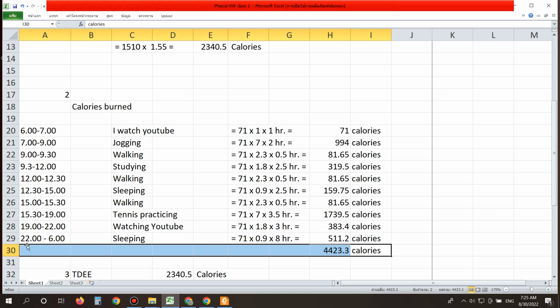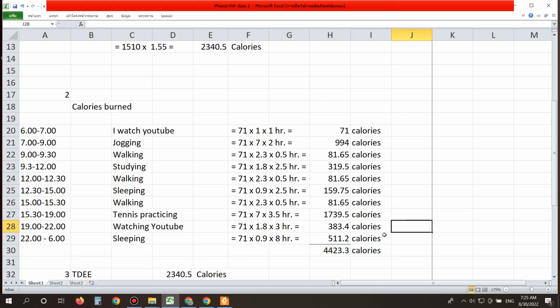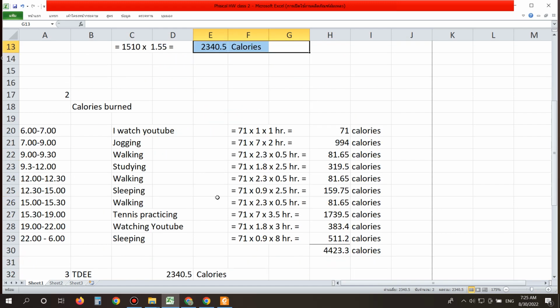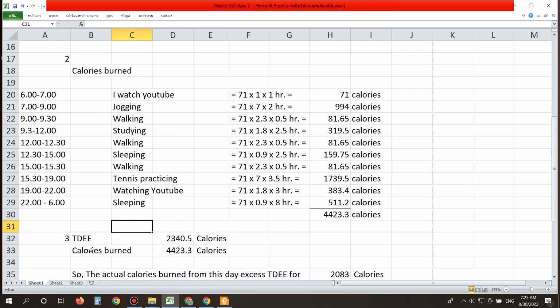After you finish this one, then you have to compare your TDEE with your actual calorie burn in the third step. My estimated TDEE is 2,340, but the real calorie burn is 4,473.